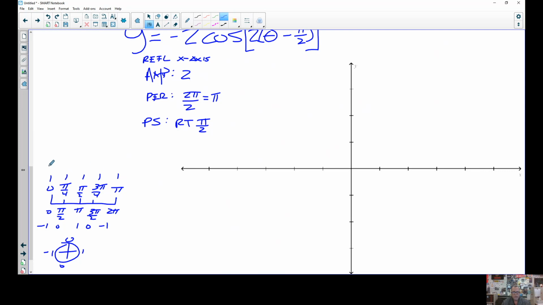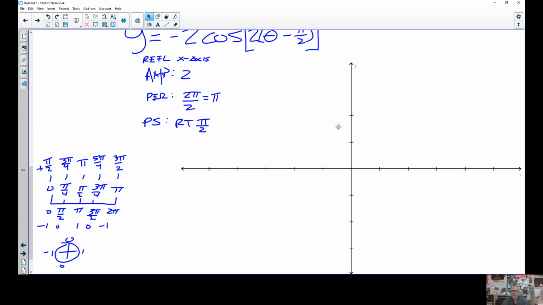Our shift is right pi over 2, so it's adding pi over 2. So we're going to start at pi over 2. 1/4 plus a half is 3/4. A half plus a half is 1. 3/4 plus a half is 1 1/4, or 5/4 pi. And 1 plus a half is 1 1/2. So these are going to be the values I use.